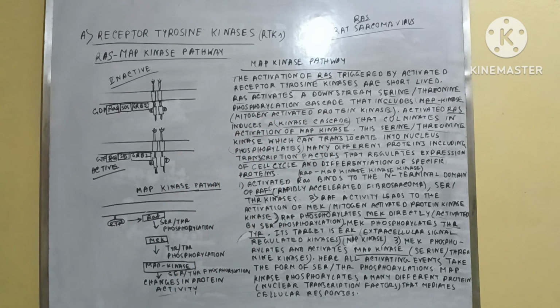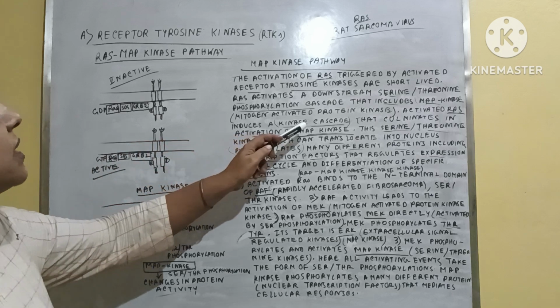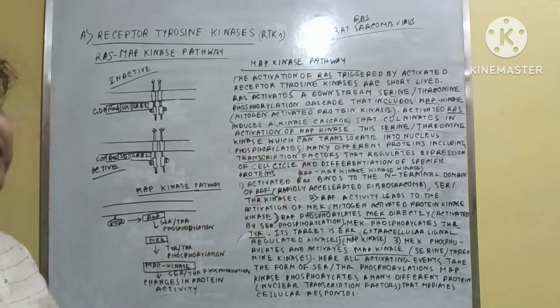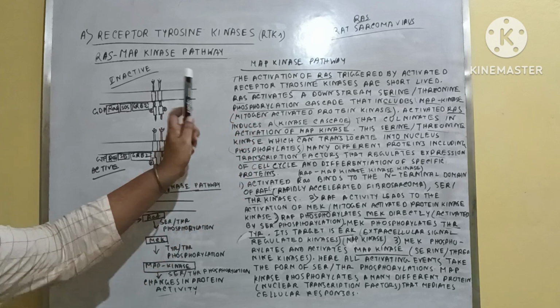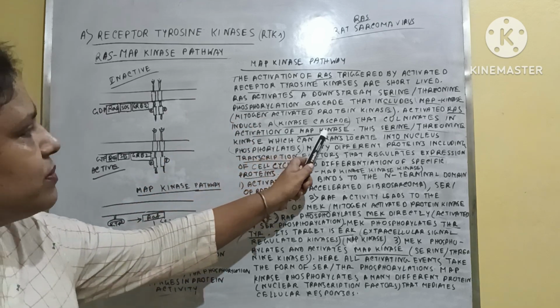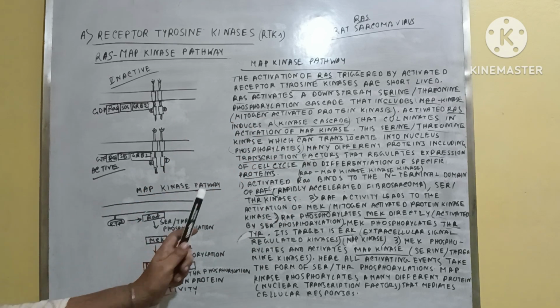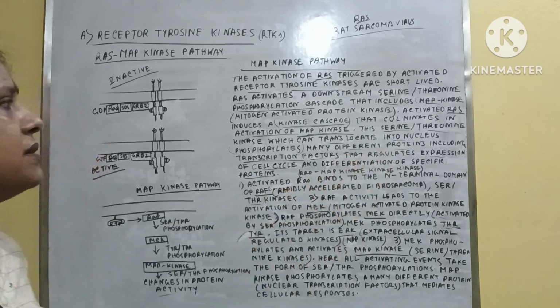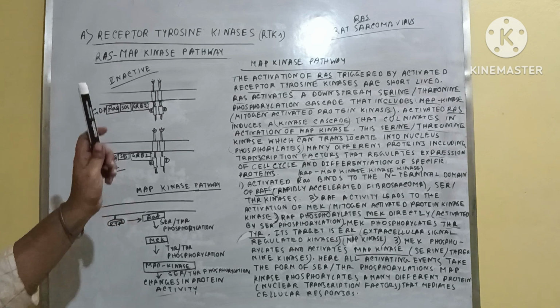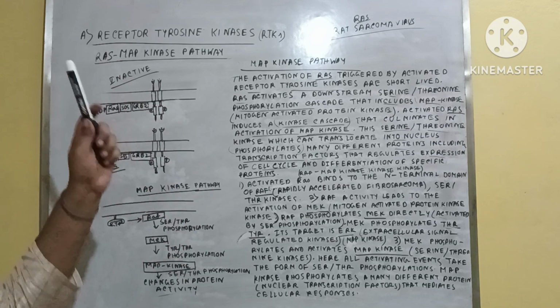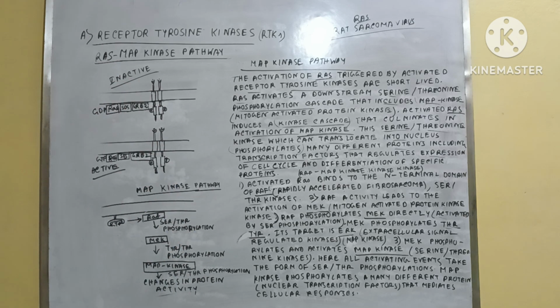This actually induces the activation of the MAP kinase. Serine and threonine have important roles, because without their phosphorylations the total cascade process is not completed.